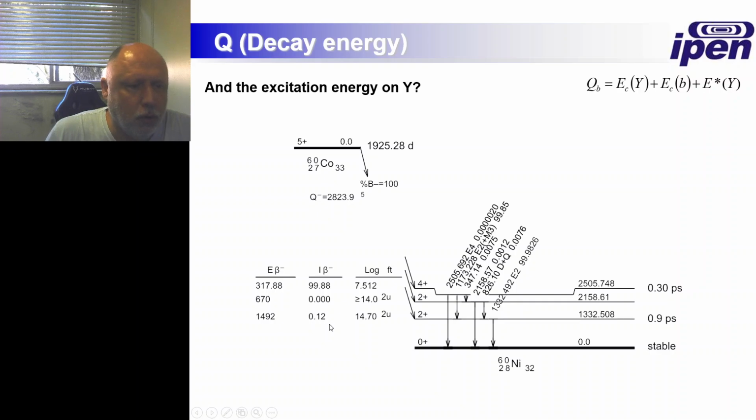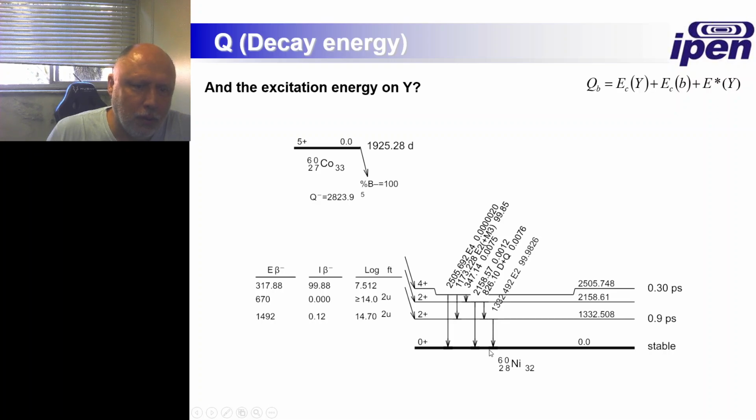And negligible amounts here. 99.9% of the times this will decay to this state here, which then will decay most likely by the emission of 1173 and 1332.